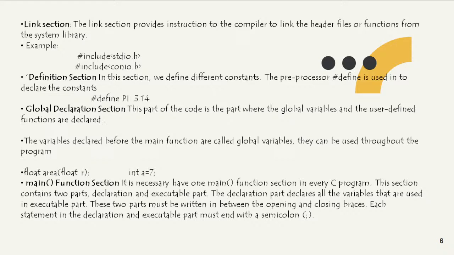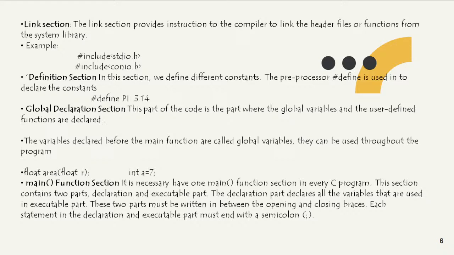This section will contain two parts. One is a declaration part and the second is an executable part. The declaration part consists of all the variables that are used in your executable part. By this declaration of variables, your C compiler can understand what different variables it is going to use in future.